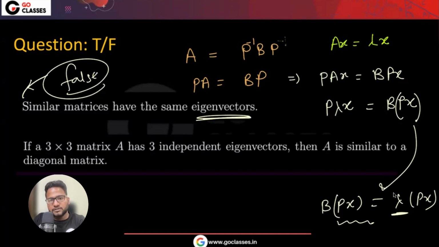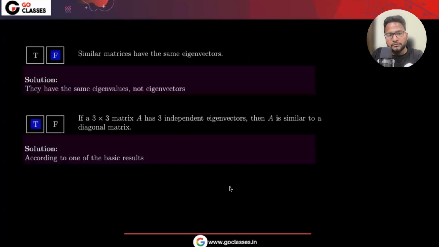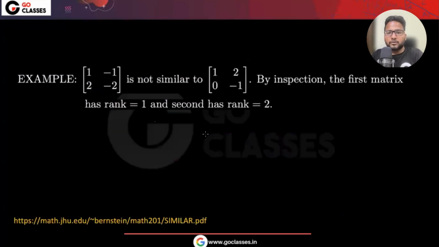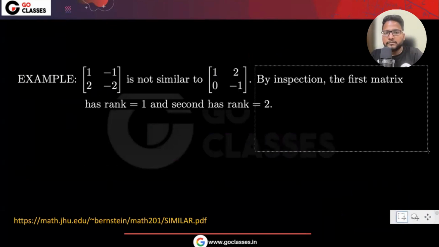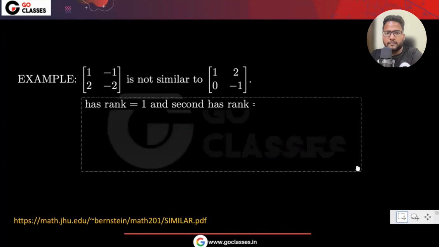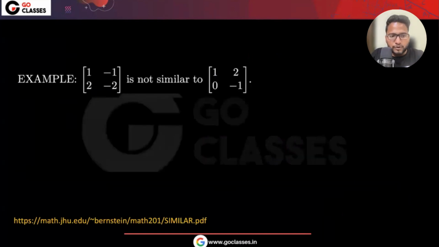Yes, three independent eigenvectors, and A is similar to a diagonal matrix. Okay, I will come to this. Maybe you will not understand it quickly. By the way, are you understanding these similar matrices a little bit? Okay, most probably, right?